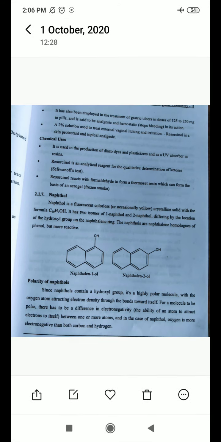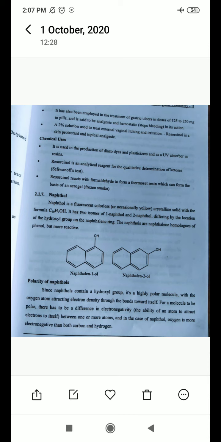You treat it with that particular acetone. After getting the observation and final endpoint, you conclude that the compound contains a ketone as a functional group, meaning acetone possesses a ketone as a functional group.